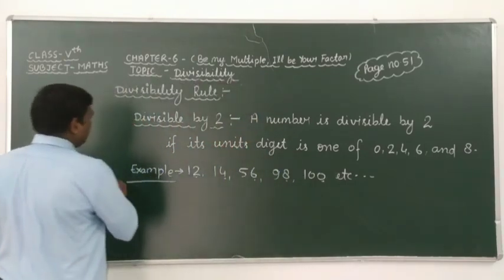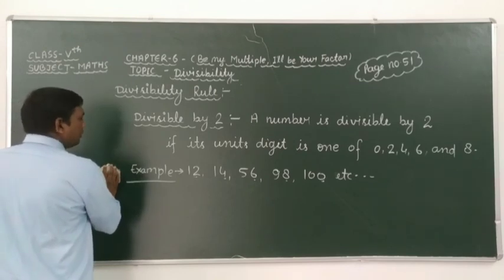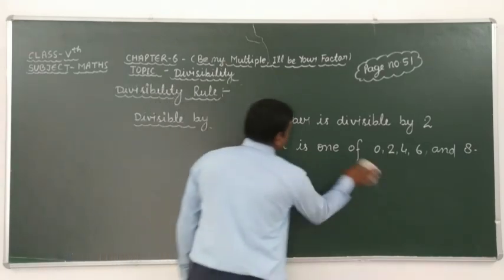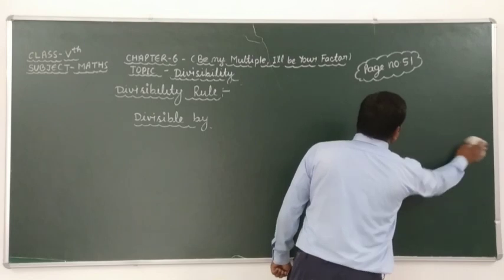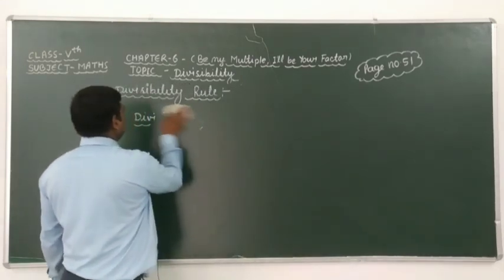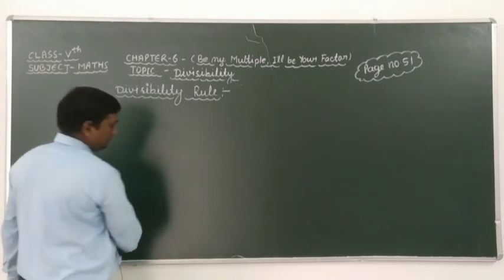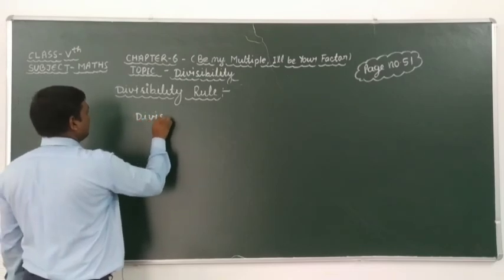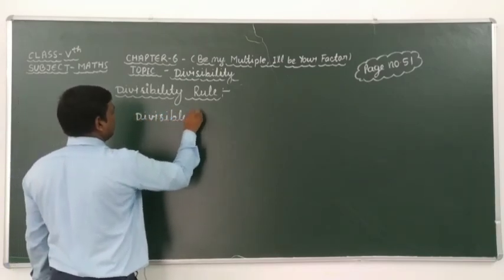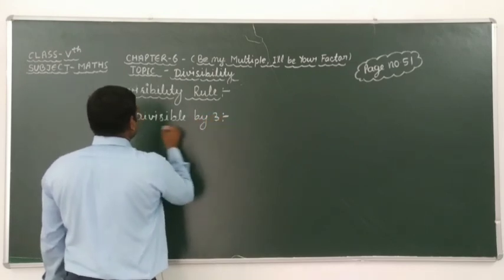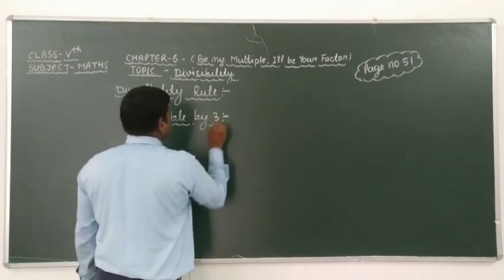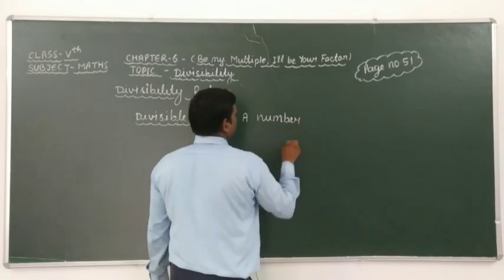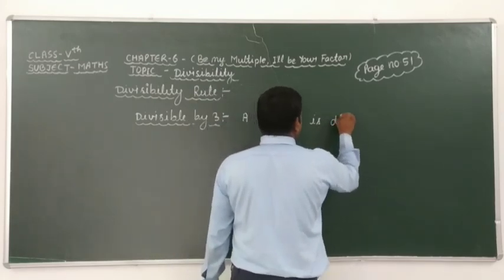Now let's start divisibility rule. Second, divisible by 3.